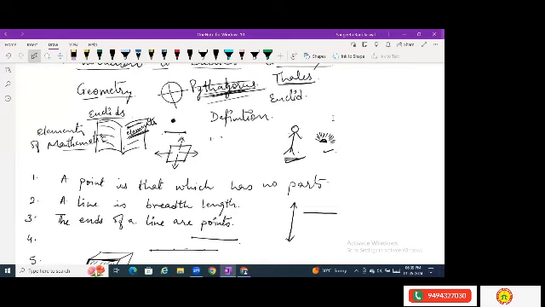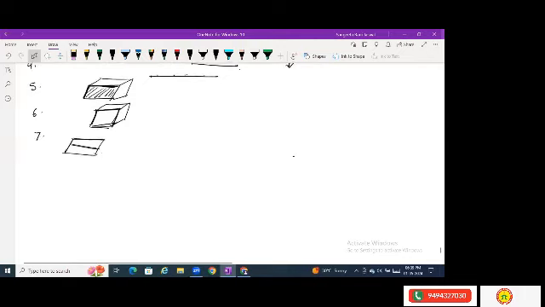Now coming to the axioms and the postulates part. Now Euclid said axioms are some things. We will talk about axioms and postulates. And this is something very important in this chapter.